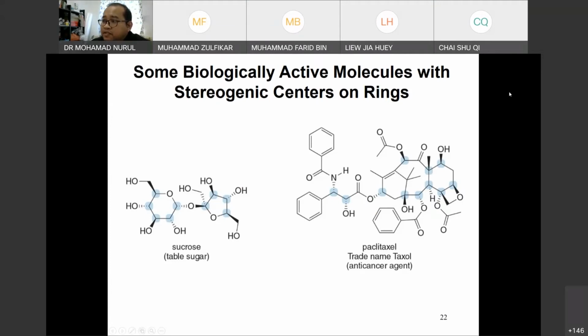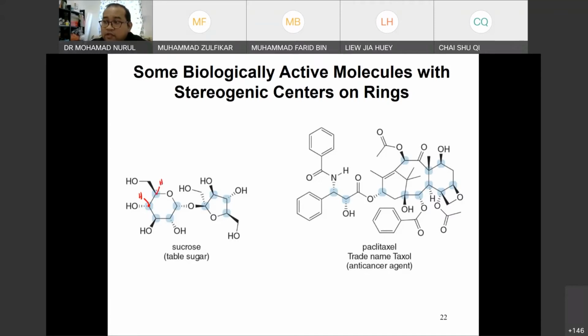For example, these are sugars. They have different functional groups here, so we can easily use the same protocol to convert everything into flat polygons. For example, this one has protons and different substitutions here. This is a stereogenic center, and this is also a stereogenic center.